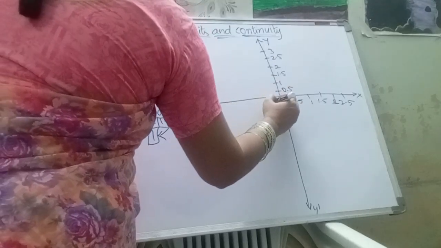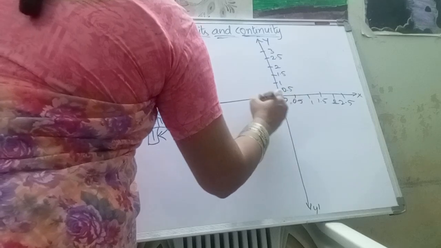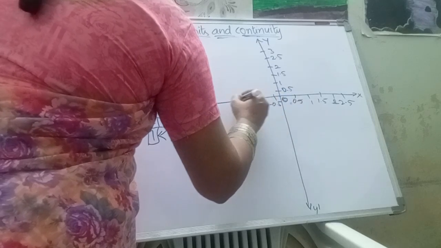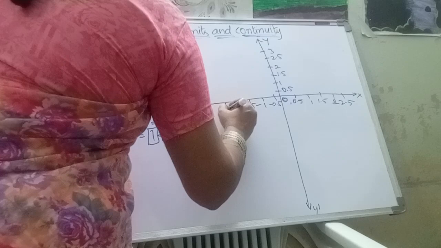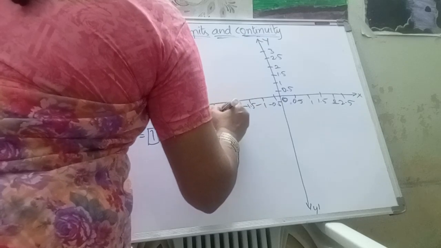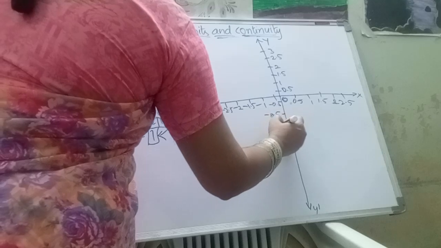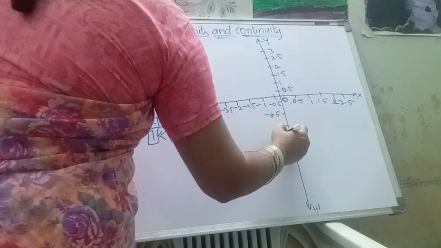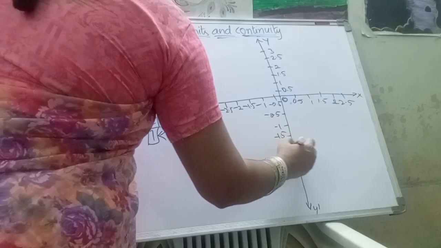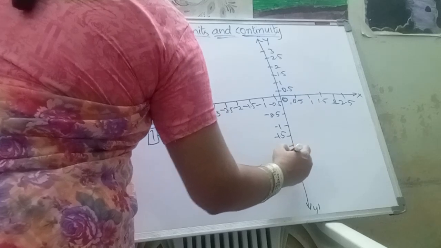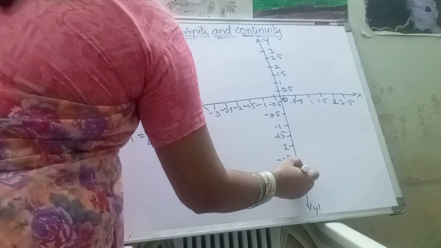These are negative: minus 0.5, minus 1, minus 1.5, minus 2, minus 2.5, minus 3. In that way it goes.